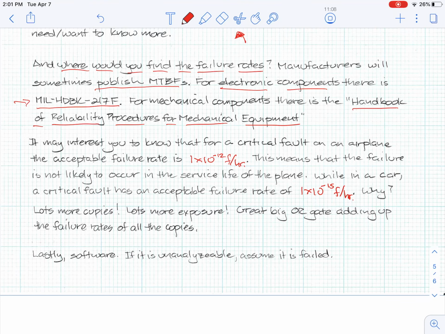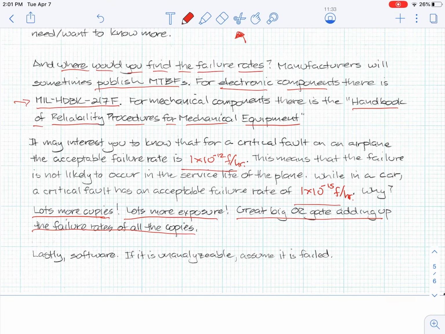The reason is, for a car, you have lots more copies, lots more exposure to that potential fault occurring. Essentially what you have is a great big OR gate adding up all the failure rates of all the copies at the end. And so you have to make it better. In this case, it's 3 orders of magnitude better than it would be for an airplane.